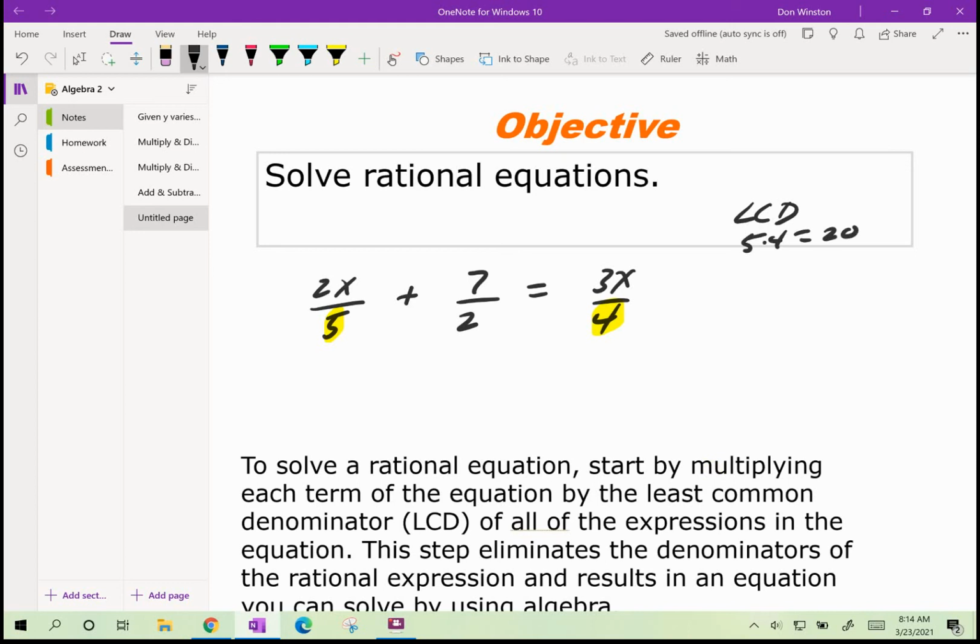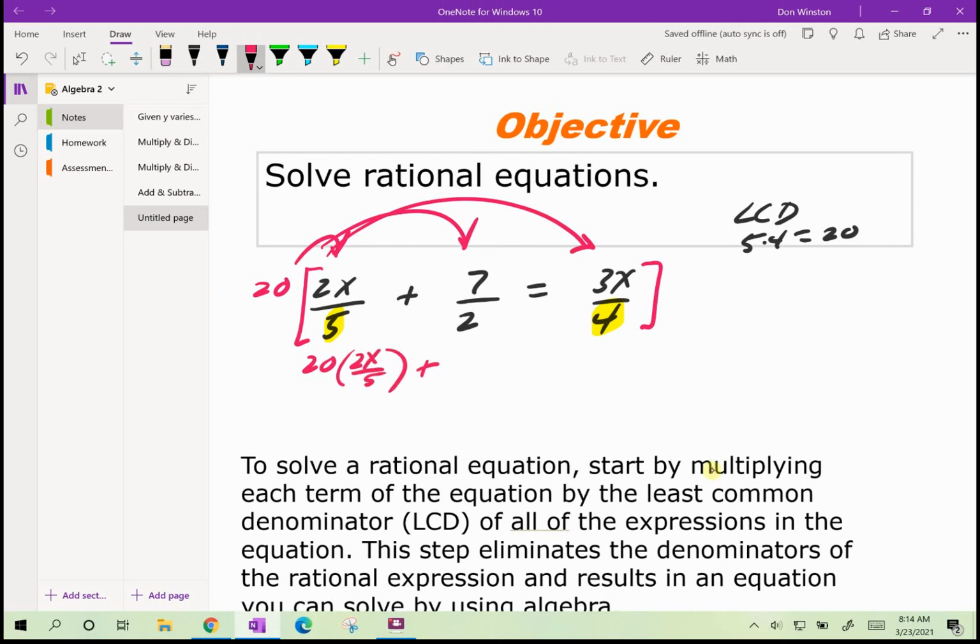So if I multiply my entire equation by my least common denominator, which is 20, I need to distribute the 20 to each term, and you'll see we'll get rid of the fractions. So I have 20 times 2x over 5 plus 20 times 7 over 2 equals 20 times 3x over 4.